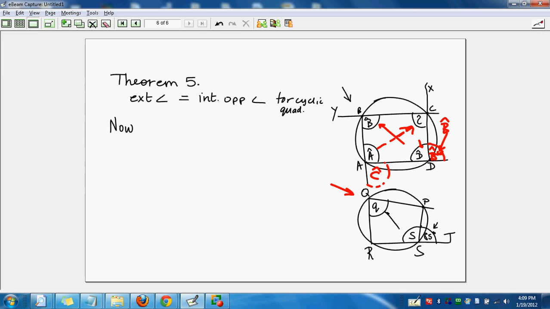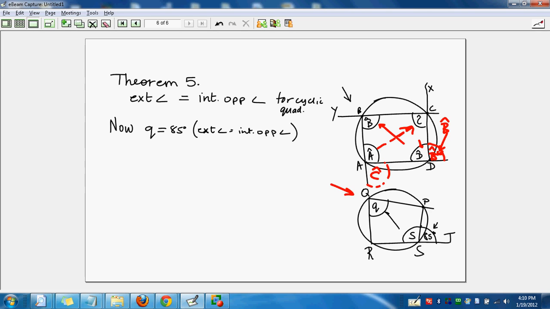So we write that angle Q must be equal to 85 degrees, and the reason is that the exterior angle is equal to the interior opposite angle. Okay, so this is what we wrote down. So therefore you would have solved for angle Q already.